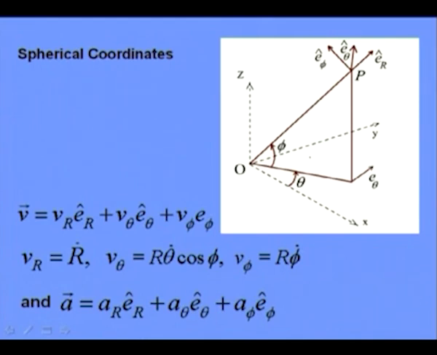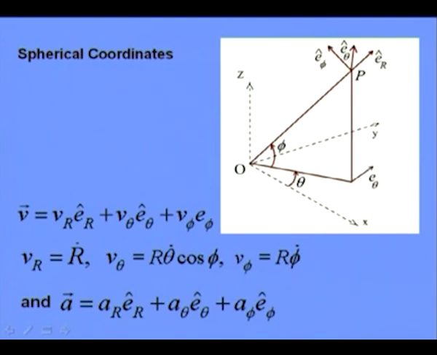Theta is the angle which the projection of the position vector of the point makes with the x-axis in the xy plane. We have the position vector OP, and we take its projection in the xy plane.